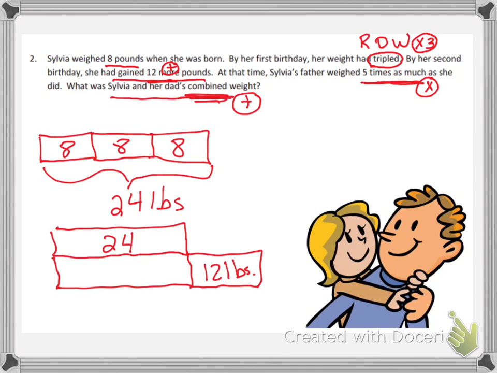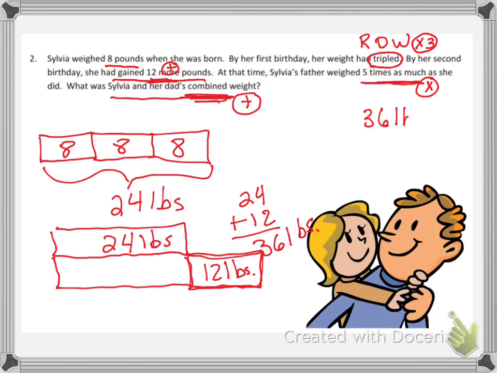Well, we're just showing 12 more, and over here in our tape diagram, we're just adding on 12 more pounds. So now we need to add 24 plus 12 would be 36 pounds. So by her second birthday, she weighed 36 pounds.